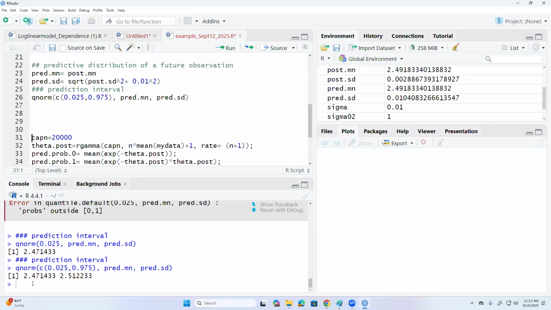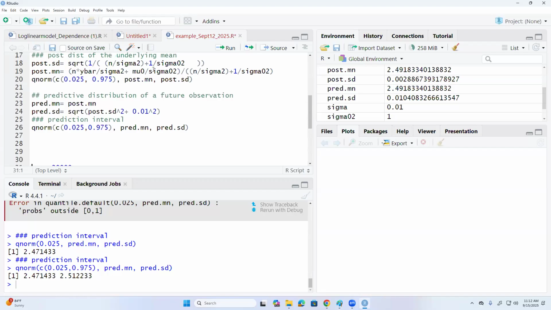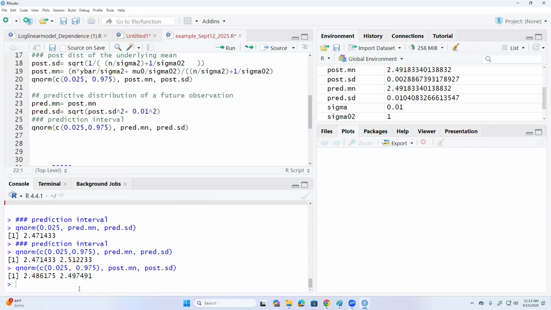Now you compare this interval with the credible interval for mu. You see this credible interval for mu was much narrower, right? The bottom one is the interval for the mean parameter mu, and the previous one is for a future observation.